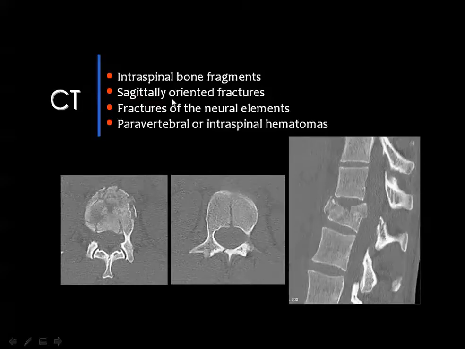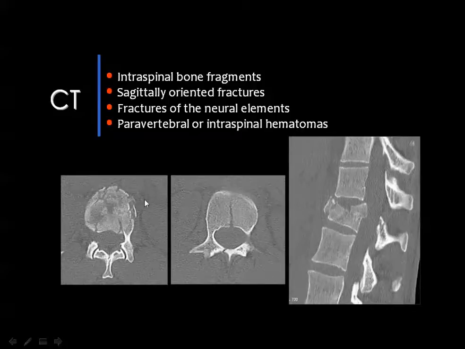It can also detect the sagittally oriented fractures, which represent one of the findings that should be identified in each case. Then fracture of the neural elements is also important to be mentioned in the report, and in some patients CT can show paravertebral or intraspinal hemorrhage.